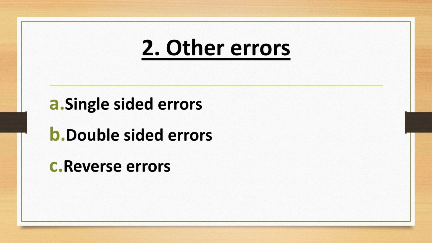The last error is reverse errors. This is also similar to principle errors, but it can be reversed easily. Sometimes it can be confused with principle errors, but these entries can be reversed. It is the result of entering data in the wrong direction.